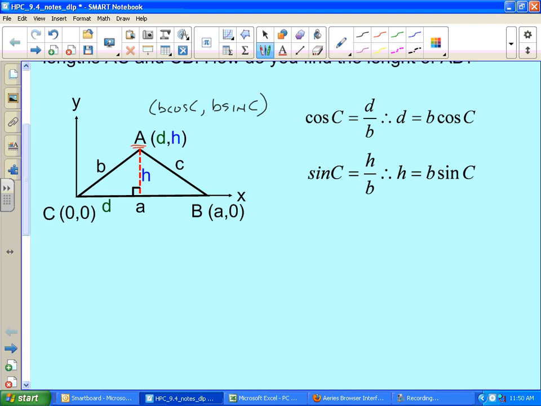Going back to our trig definitions, the cosine of some angle is equal to the x over the hypotenuse, in this case d over b.